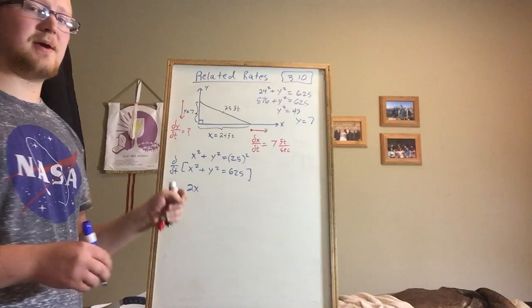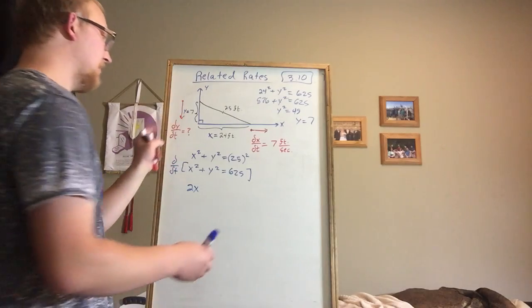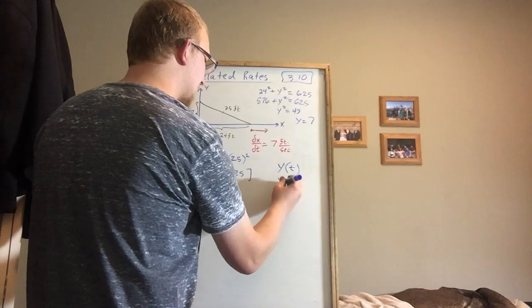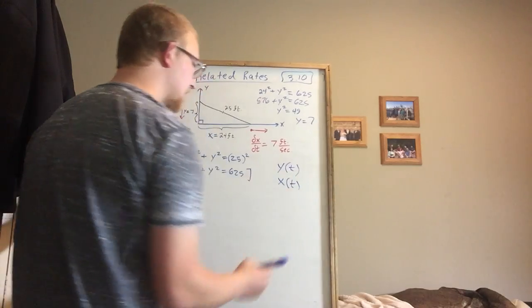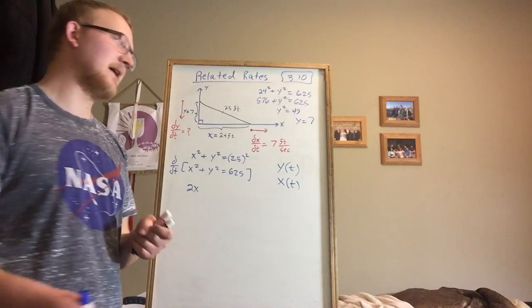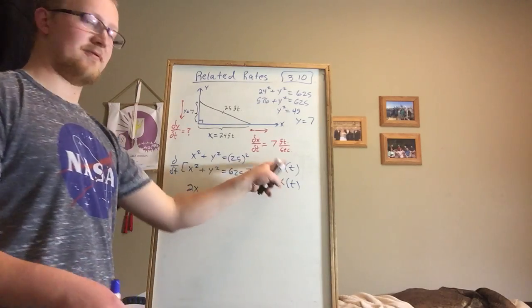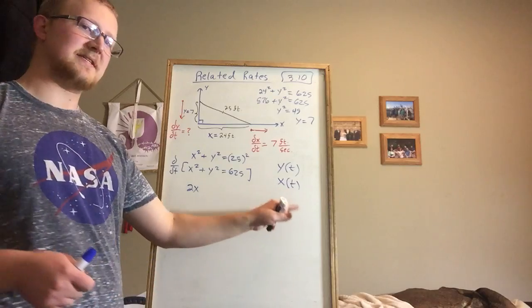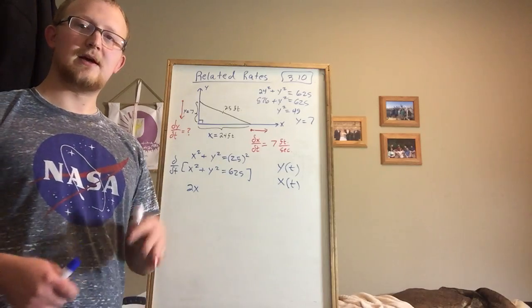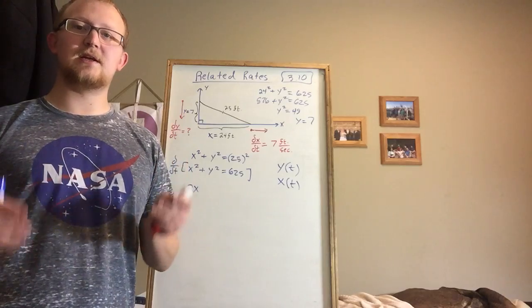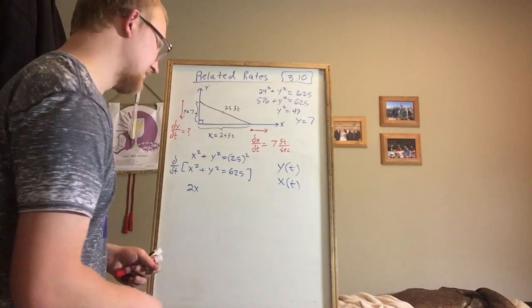But then we have to remember that in this problem, y is a function of time and x is a function of time. Because when things move and we find a velocity, it's a function of time. And because they're functions of time, they are dependent on time, and time in this case is the independent variable. Time's flow doesn't care about where your position is, but your position definitely cares about how time flows.